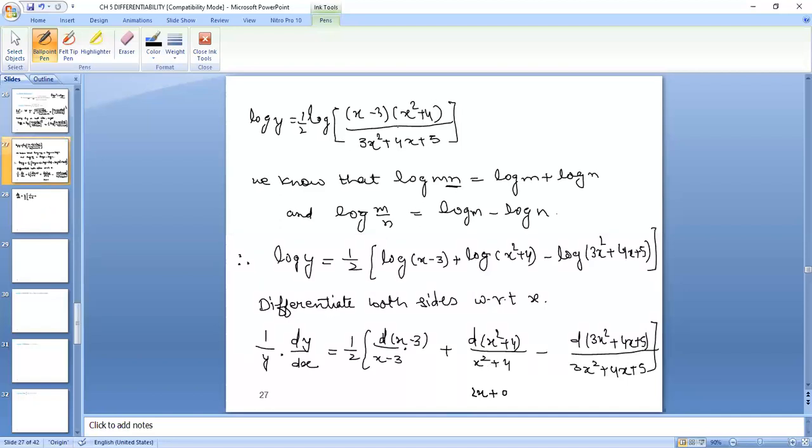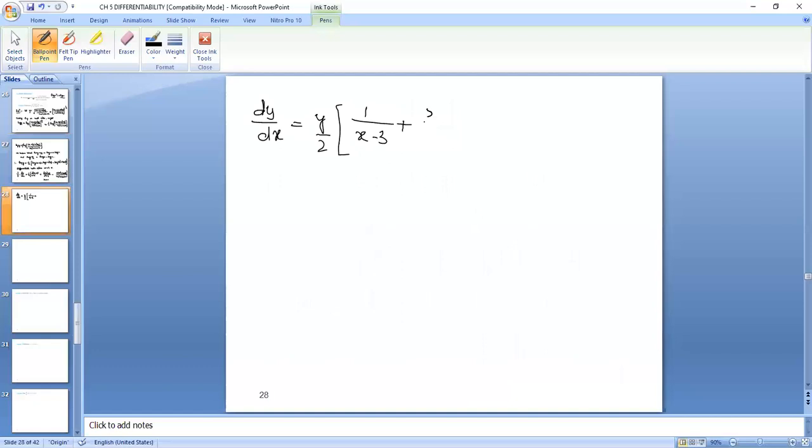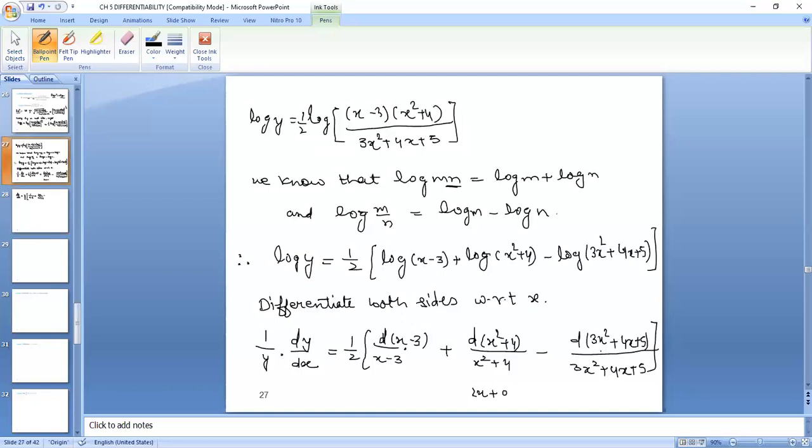So next derivative will be 2x upon x square plus 4 minus derivative of 3x square will be 6x. 3 as it is, derivative of x square is 2x. So 2x into 3, 6x plus derivative of 4x is 4 plus derivative of constant is 0 upon the denominator term as it is.